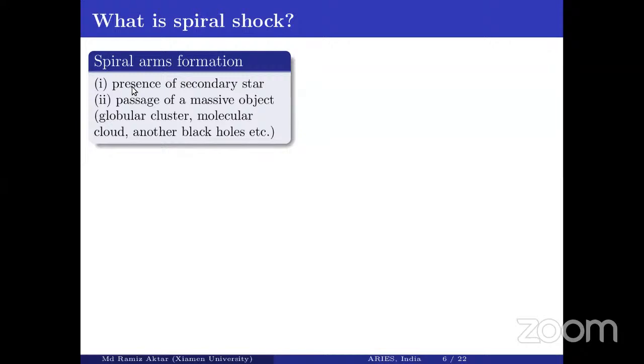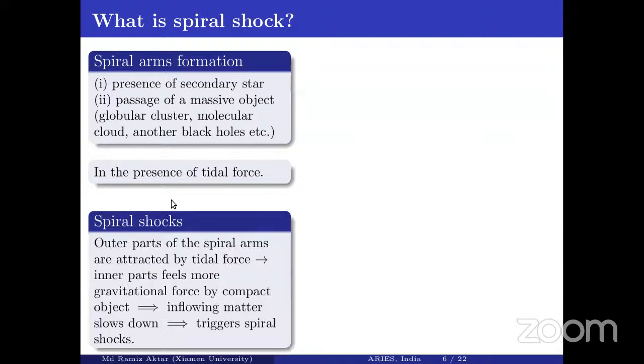This is basically due to the presence of a secondary star near the compact object, or some massive object such as a globular cluster, a molecular cloud, another black hole or another compact object which is passing very near to the compact object. So basically, these spiral arms form due to the tidal force from the presence of this object or the secondary star.